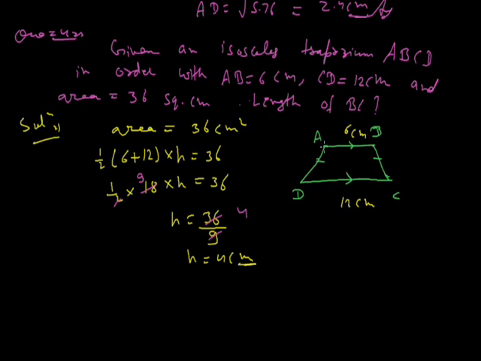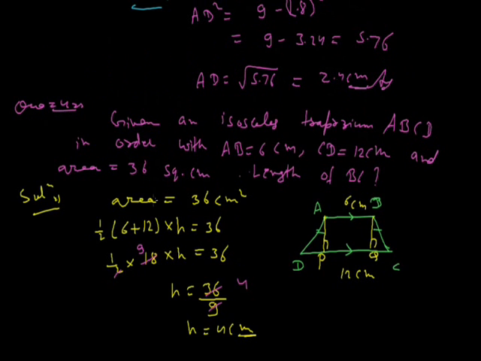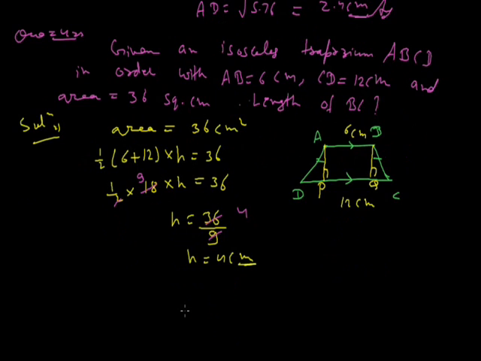Now we are going to construct this. I am going to make a construction: I am going to make a perpendicular AP and BQ on base DC. So AP is the perpendicular on base DC, and BQ is the perpendicular on the base DC. Now we need to find the length of BC. So this perpendicular is equals to my height, and which is equals to 4 centimeter.